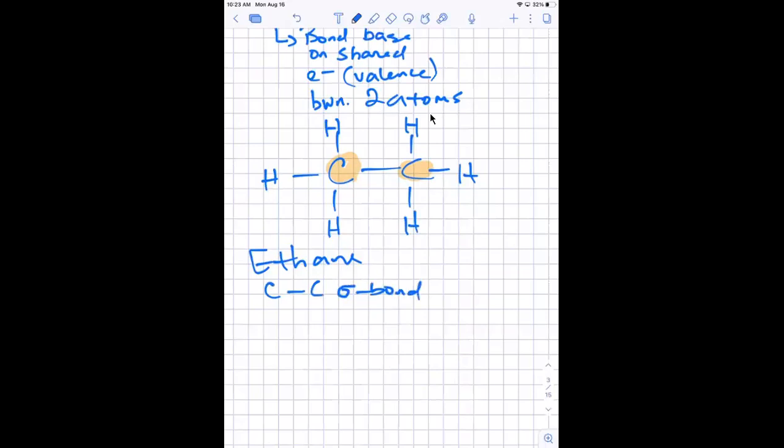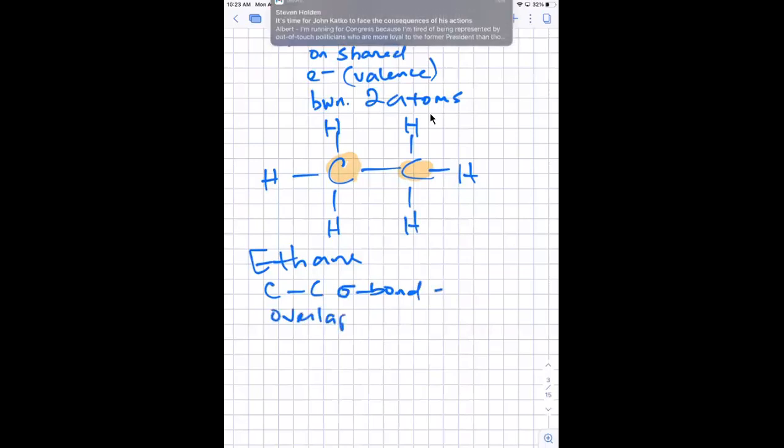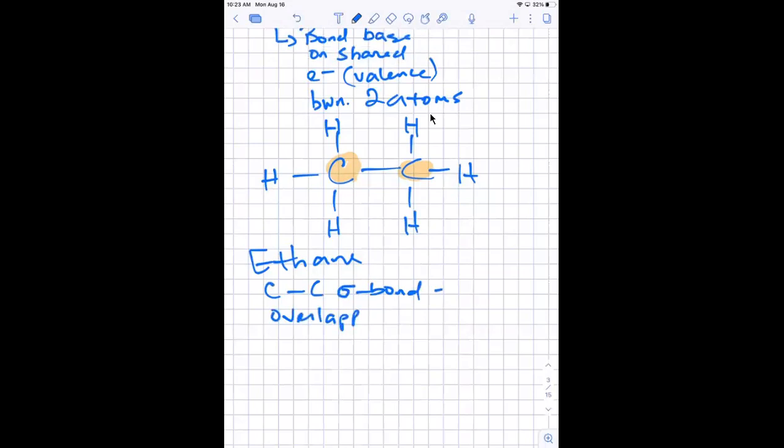That's the result of overlapping orbitals. That's how carbon makes bonds with itself and other atoms, through the process of orbital overlap.